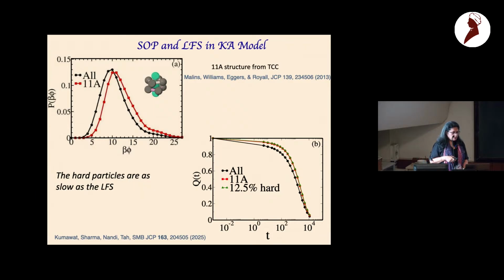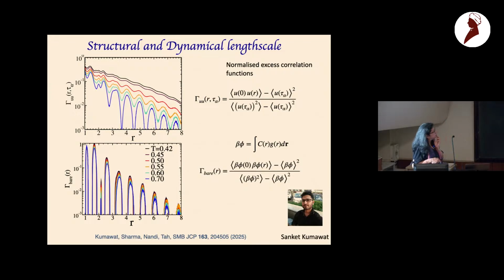So now I'll explain how I do the dynamical and static length scale. We compute the normalized excess correlation of the mobility and our order parameter, which is the depth of the caging potential, which is simply the product of C(r) and g(r), if I write it in a simple form.